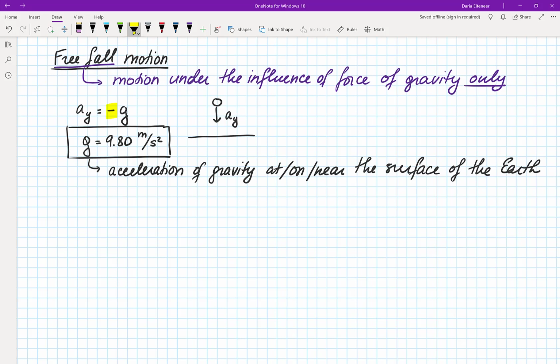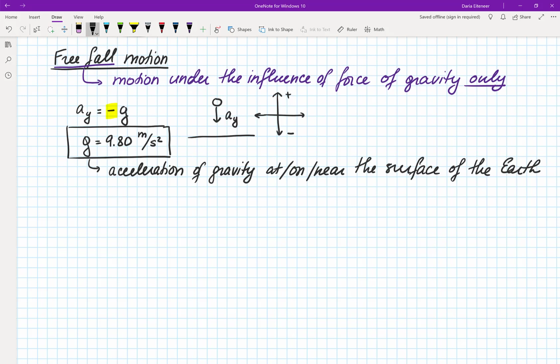Remember, we're using our standard coordinate plane here, so up is positive and down is negative. I'm saying that acceleration is negative, acceleration is downward, but g itself is a positive constant. So please be careful and mindful when using this value.